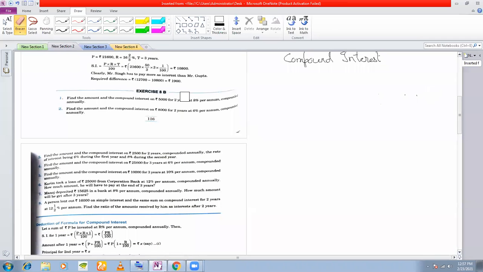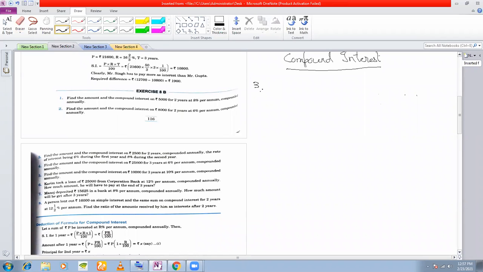So question number 3 here. It states, find the amount and compound interest on 2,500 for 2 years compounded annually, the rate of interest being 6% during the first year.